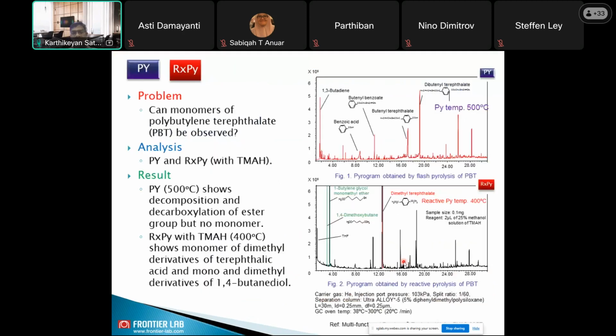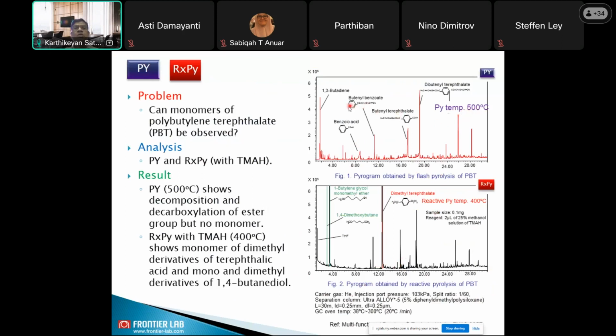One can understand this better with an example. Here I am showing the comparison of standard pyrolysis, or fast pyrolysis, data versus reactive pyrolysis. We are analyzing polybutylene terephthalate polymer by both techniques, where for the reactive pyrolysis we have used tetramethyl ammonium hydroxide. On the right side you see two pyrograms. The top one comes from flash pyrolysis carried out at 500 degrees.